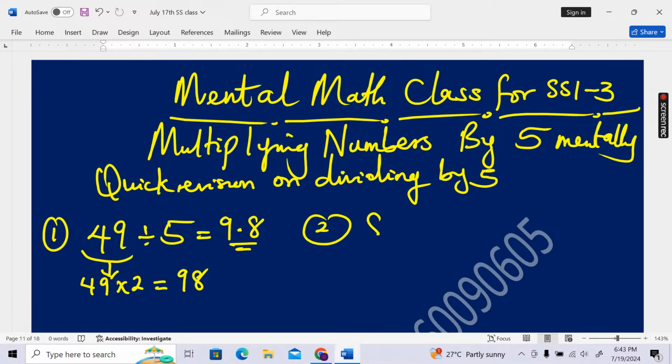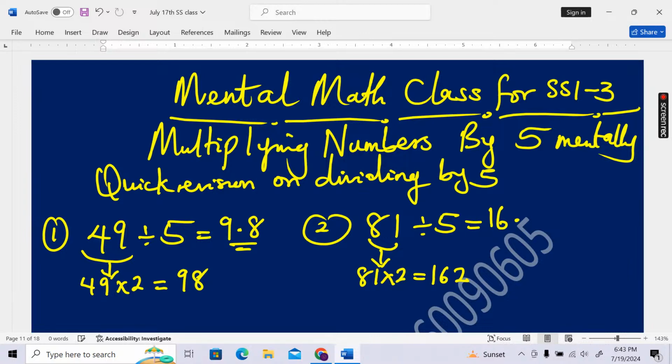Number 2, 81 divided by 5. Double 81 by saying 81 times 2. 81 times 2 will give us 162. Introduce the decimal point before the last digit on the right.